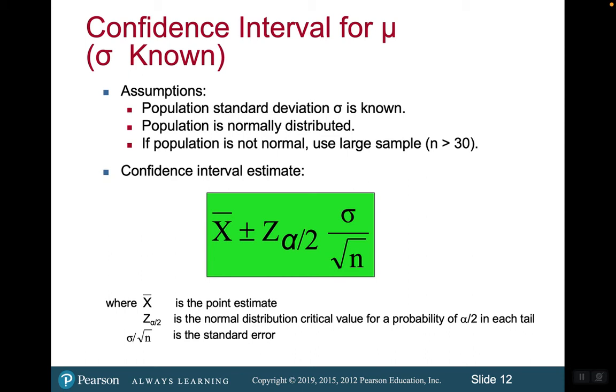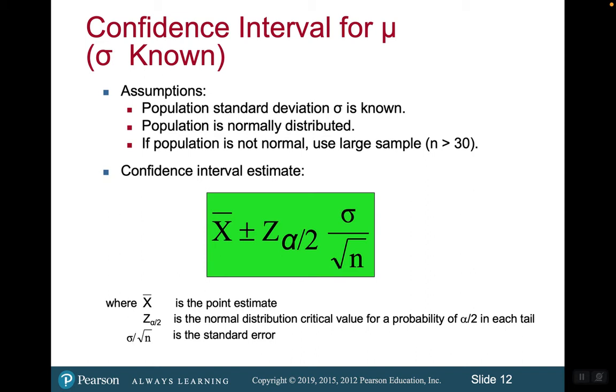Because if we have a normally distributed population, that enables us to make statements based upon the fact that the shape of the curve is an equal distribution on both sides of a certain height.